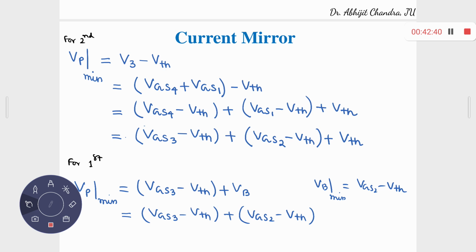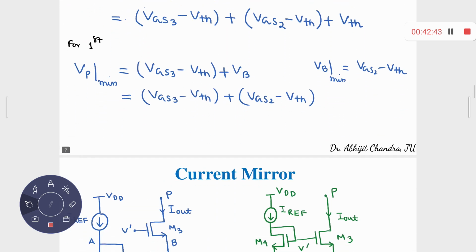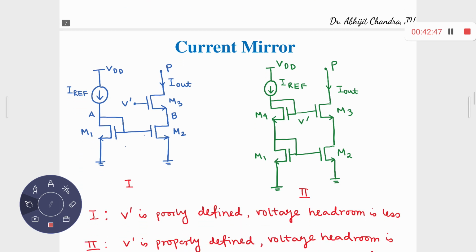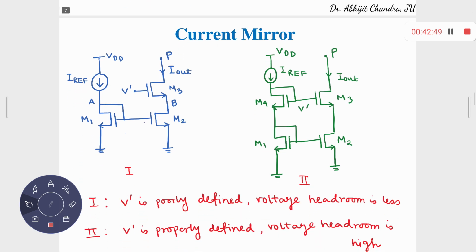Now we have these two circuits, circuit 1 and circuit 2. In the first circuit, V dash is poorly defined, so less accuracy, but the voltage headroom is also less. We have more provisions for swing. What about the second circuit?